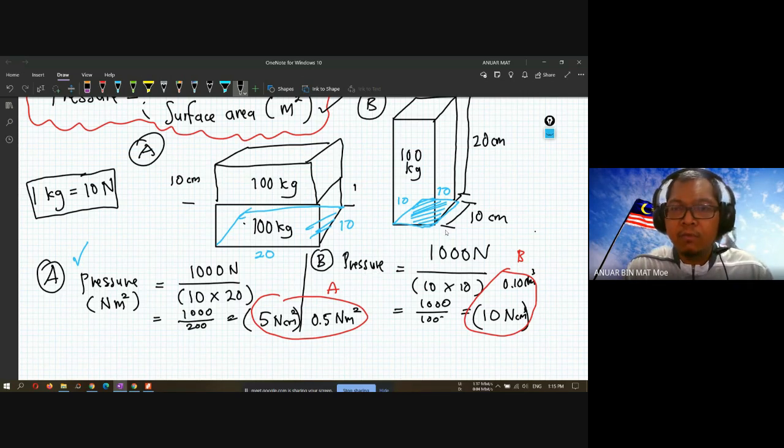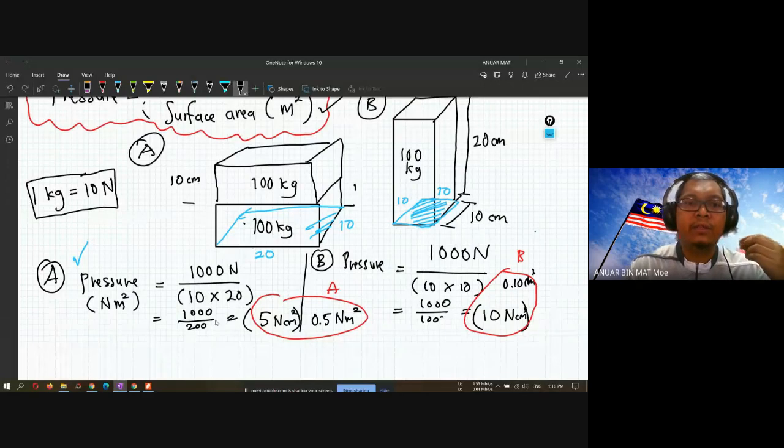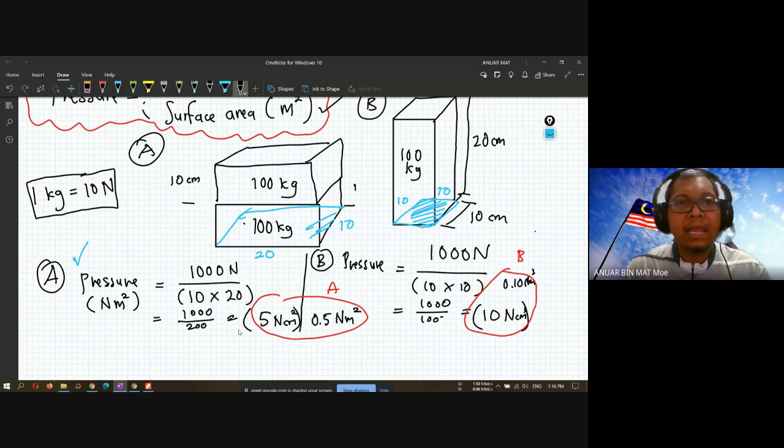If you compare it with an object which has a smaller surface area, the pressure is more. The pressure is more when you have a smaller surface area, and if the object has a larger surface area, you can say the pressure is less. It depends on the application.